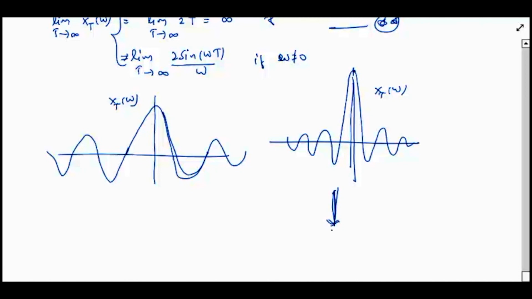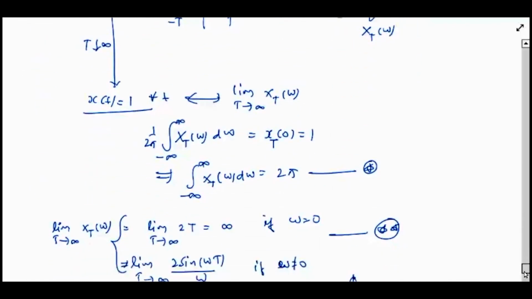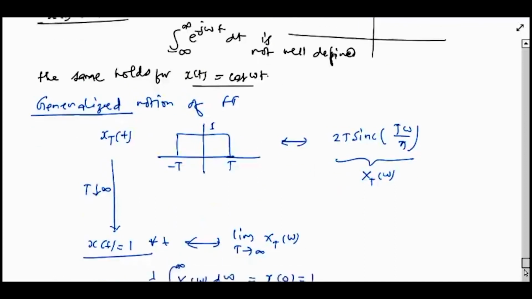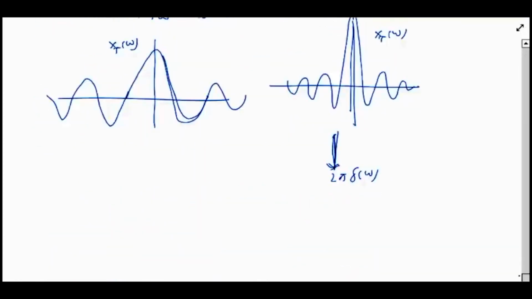More precisely, it converges to 2 pi delta(omega). See, the 2 pi here comes from the fact that the integral of x_T(omega) over omega is equal to 2 pi for all values of capital T. That gives rise to this 2 pi delta(omega). So from the above we can conclude that this constant function has Fourier transform 2 pi delta(omega).